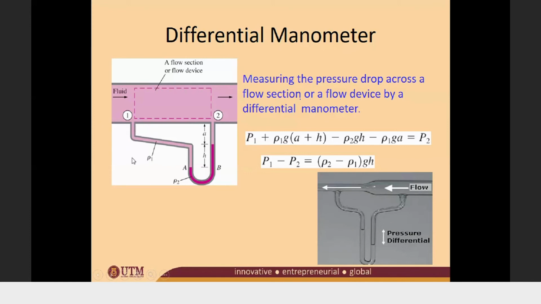It's the vertical height, not this length, the vertical height. So A plus H. Then go up, minus rho 2 g H, and go up again, minus rho 1 g A, and you get equals P2. So the difference in pressure is P1 minus P2 equals the difference in density times g times H.